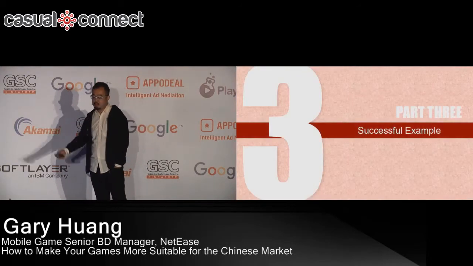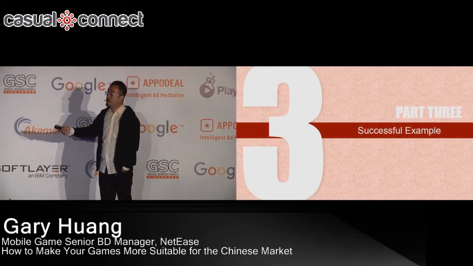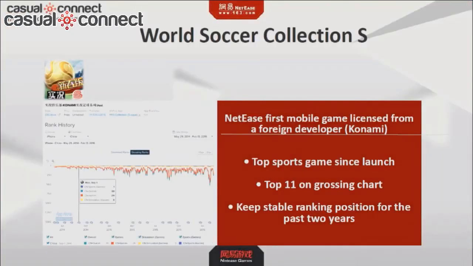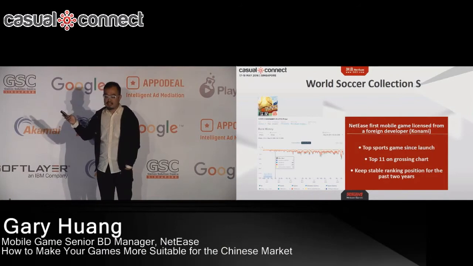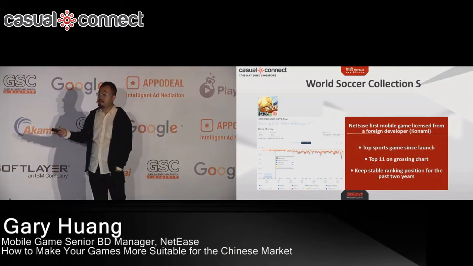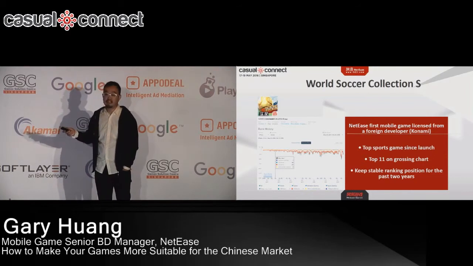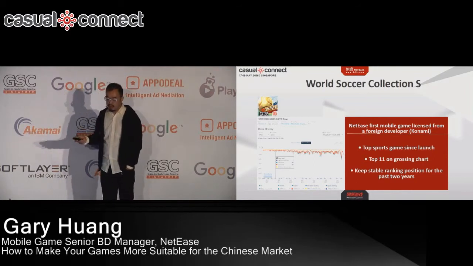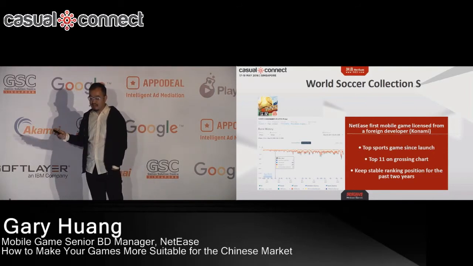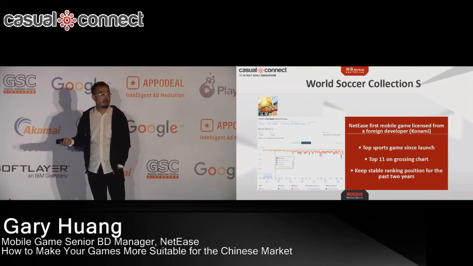And then I just want to show a very successful example from our company. Actually, it's World Soccer Collection S. We licensed this game from the Japanese company Konami. It's our first mobile game licensed from Konami, right?